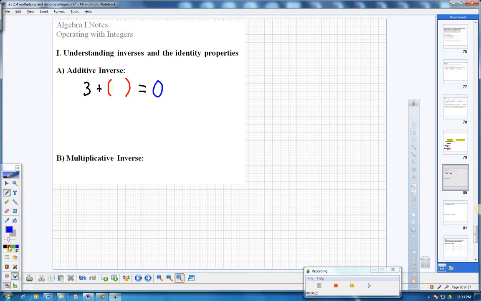So what value can I add to 3 to get 0? -3. And we could take something as crazy as -pi. I'm going to add the additive inverse of -pi. What's the additive inverse of -pi?